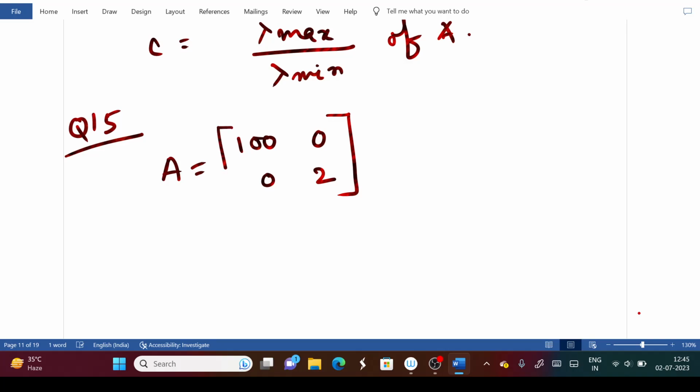It is a diagonal matrix, so the diagonal elements are the eigenvalues.